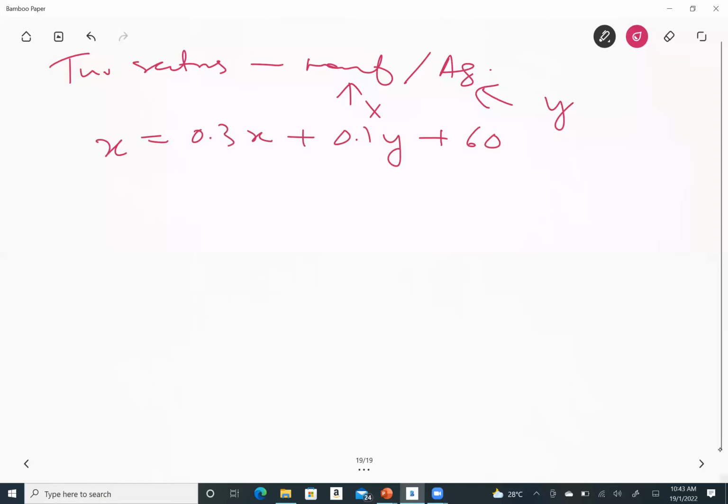And then I got Y equal to 0.1X plus 0.2Y plus 50.